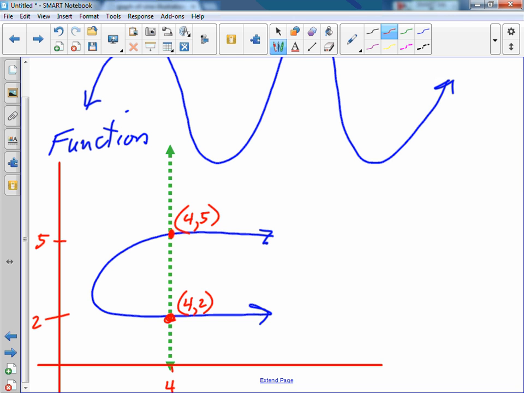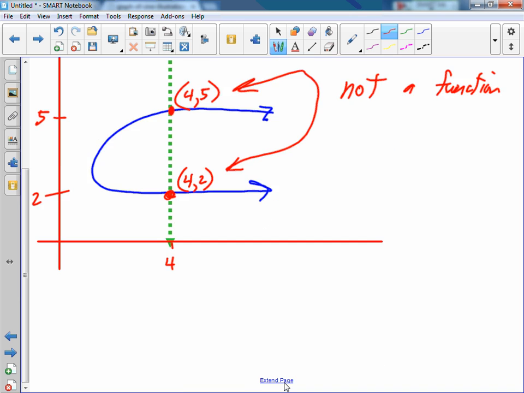If you see this, instantly not a function. In terms of coordinates, not a function, because there is 4, 2 and 4, 5. The same x has two different y's. That's bad.